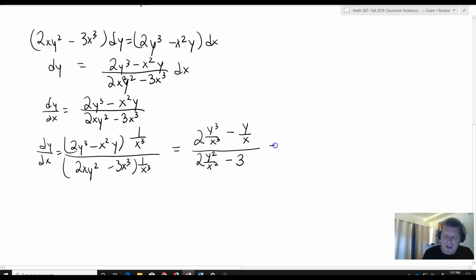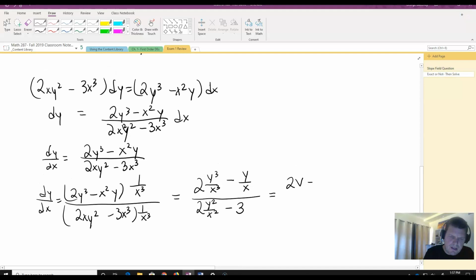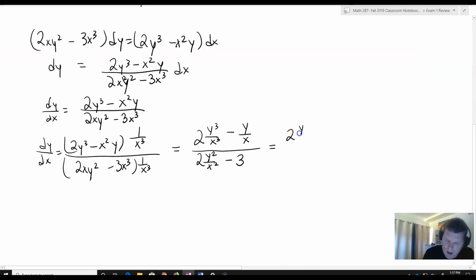Okay? Which will end up equaling 2 times y over x cubed minus y over x divided by 2 times y over x squared minus 3.